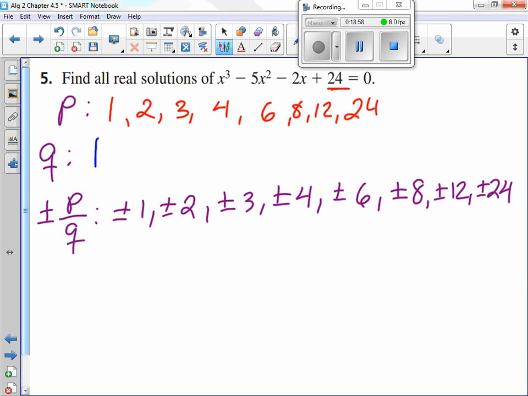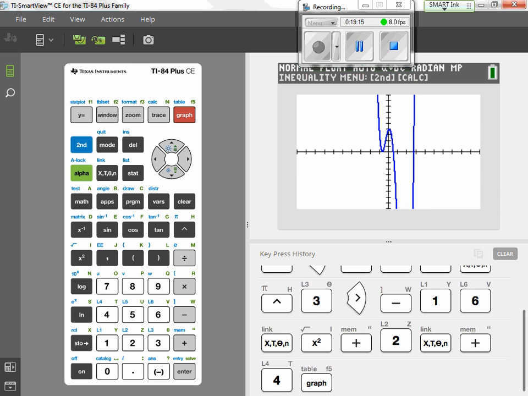Yes? Okay. So what would we do next in solving for the real zeros? What would we need to do? Graph it. We would need to graph it.